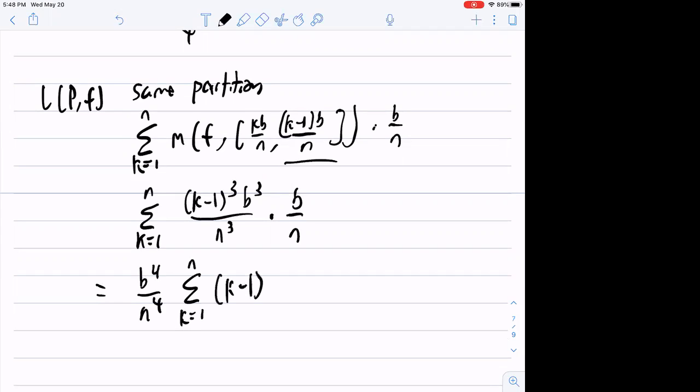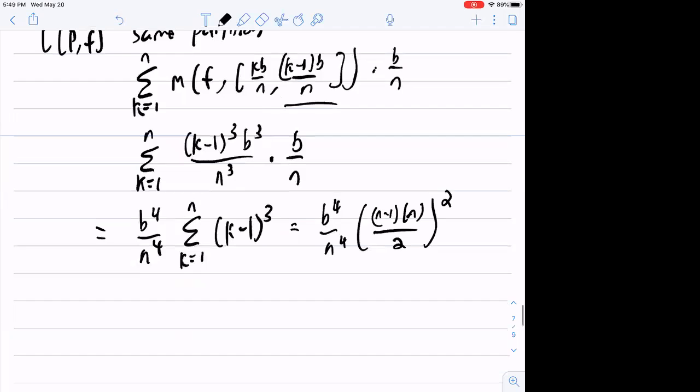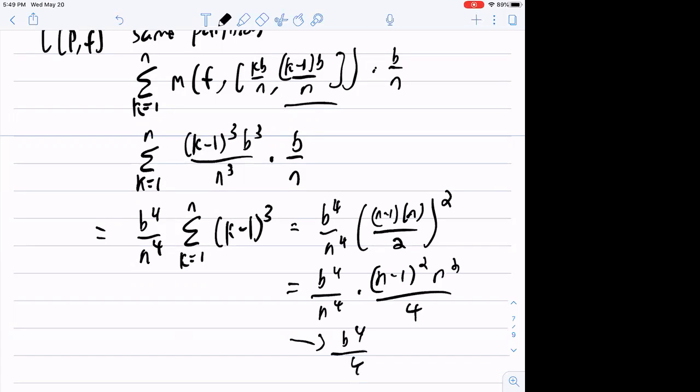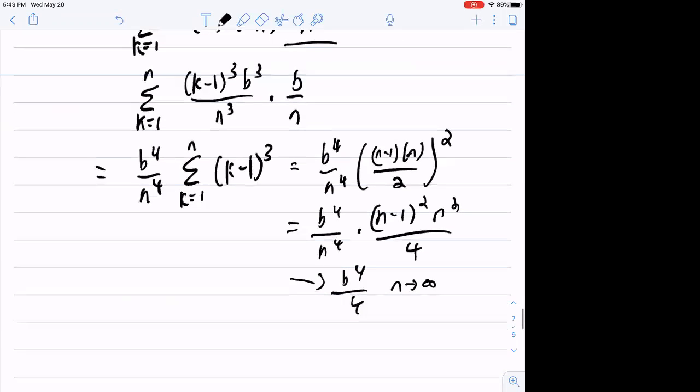So this is just shifted by 1, right? Before it was n times n plus 1 over 2, squared. So now, instead of n, it's n minus 1 times n over 2, squared, right? And this thing similarly goes to b to the fourth over 4 when n goes to infinity, right?